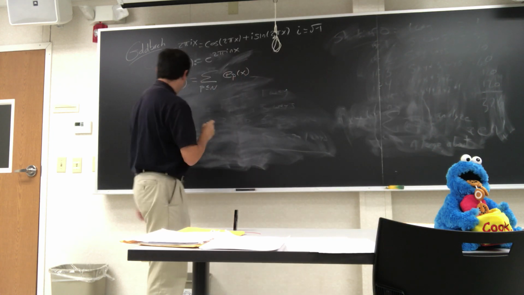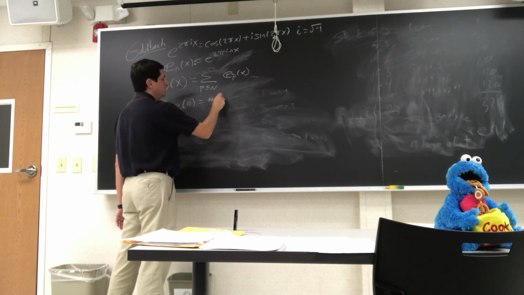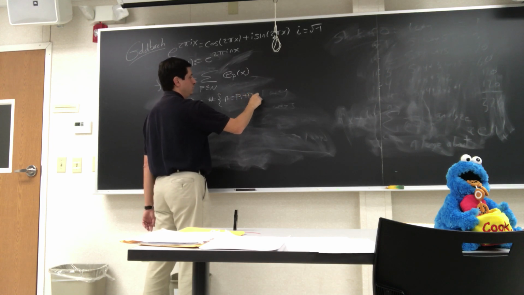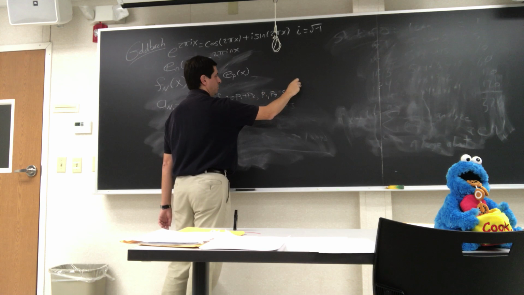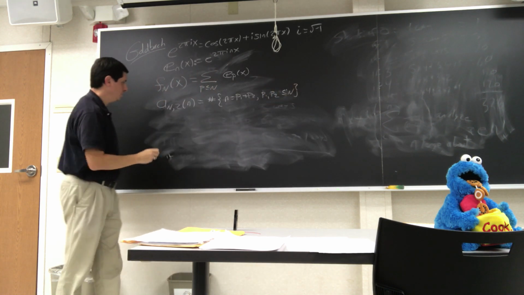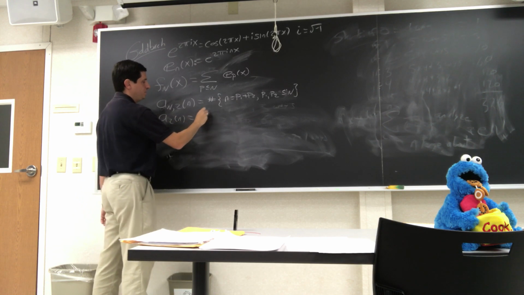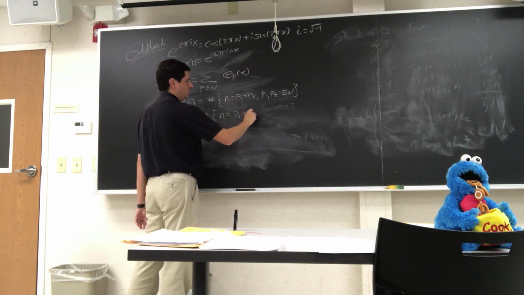Two primes. So a_n^2(n) is going to be the number of ways that we can write n as p1 plus p2, where p1 and p2 are at most big N. And then a^2(n) is just going to be the number of ways we can write n as p1 plus p2.